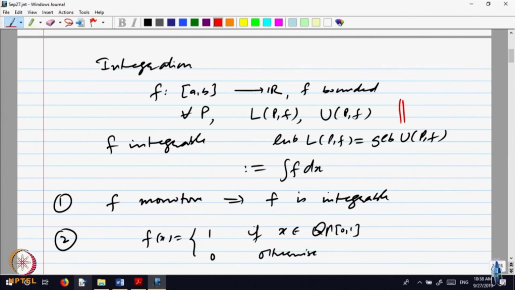Basically what we did was, intuitively, we tried to capture the area below the graph of the function in lower and upper sums. But we had to have the condition that if you want to define upper sum and lower sum, then your function must be a bounded function. Otherwise infimum and supremum don't make sense at all.